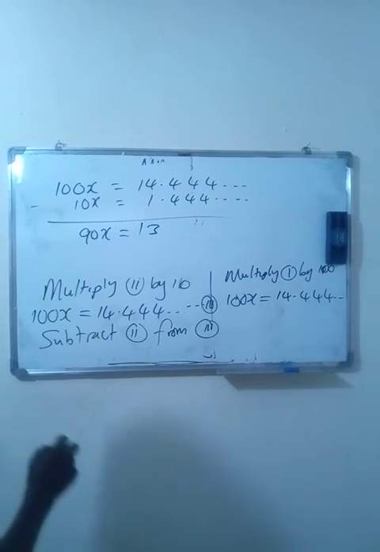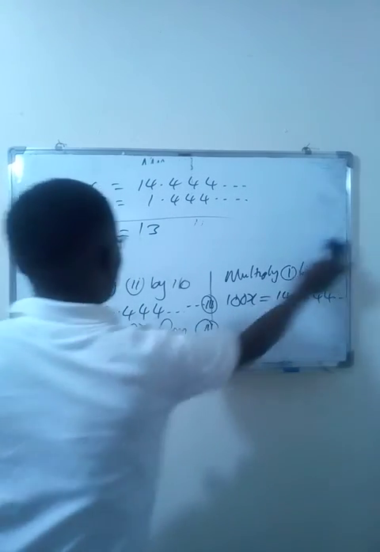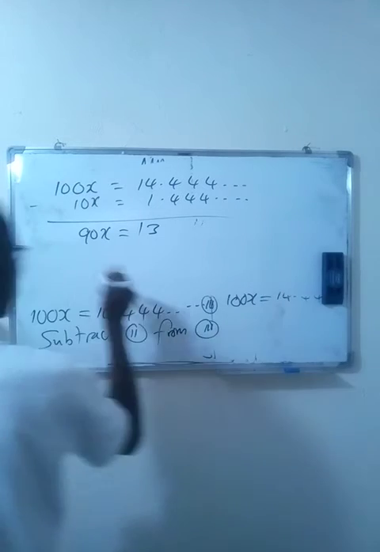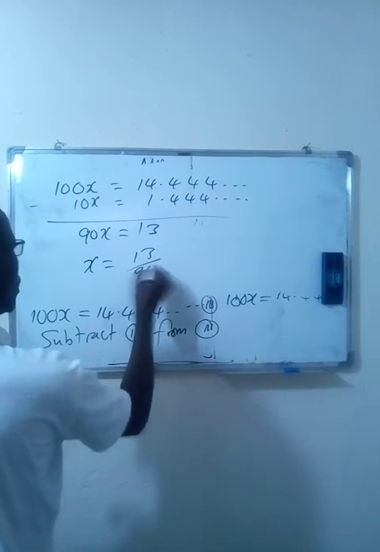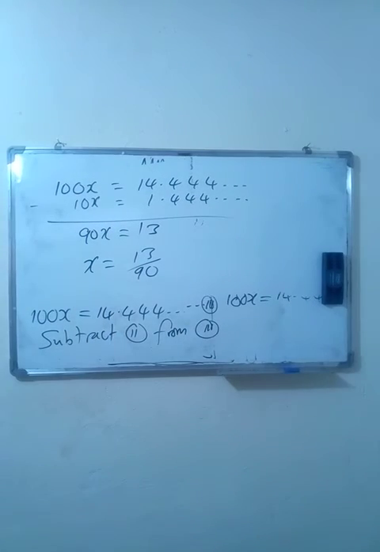So now we want to make x subject of the formula. So x is equal to 13 divided by 90. Now, can we have that? Is there any common factor between 13 and 90? Definitely not, because we already know that 13 is a prime number, isn't it? 13 is a prime number.